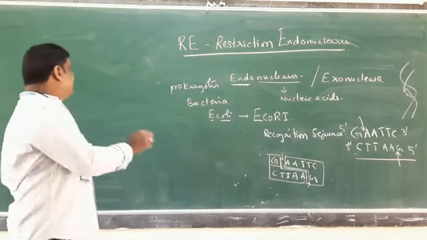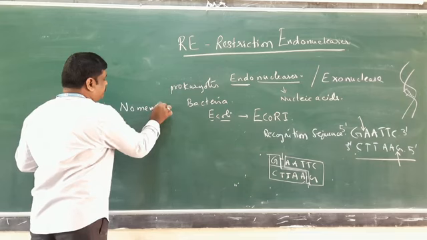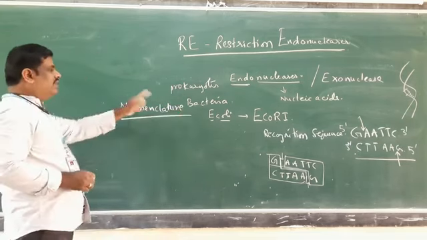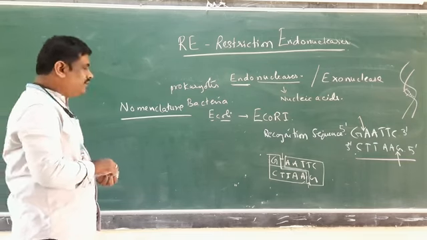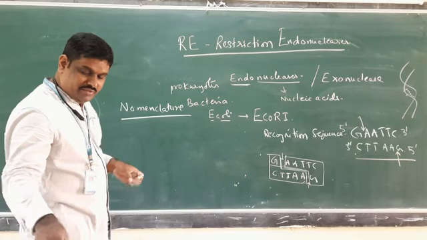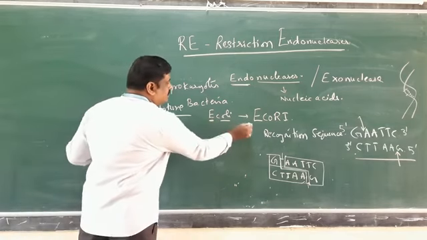Coming to the nomenclature of restriction endonuclease. Take EcoRI, extracted from E. coli. How is it given the name EcoRI?